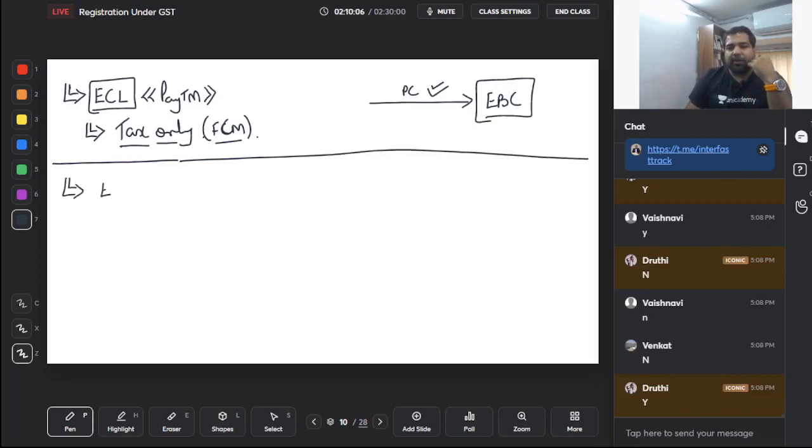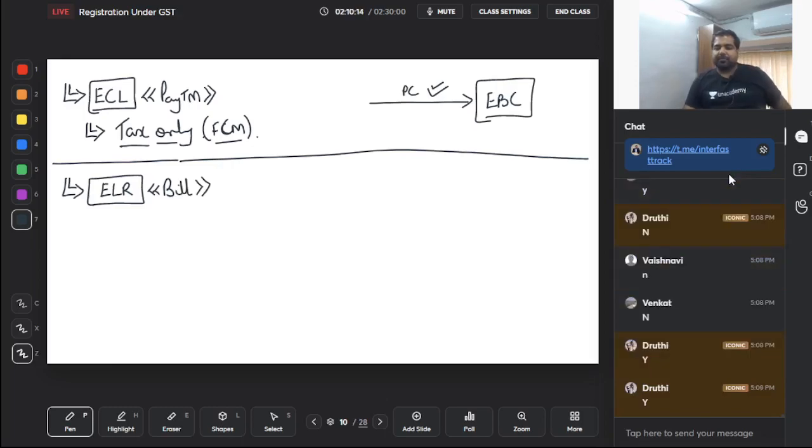And guys, the electronic liability register. Guys, is this like your electricity bill that you need to pay every month? Yes. Guys, there is a certain order that you need to pay. You cannot randomly pay. I'll tell you what and how you need to pay.